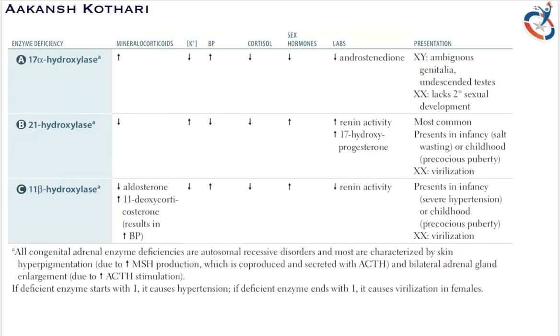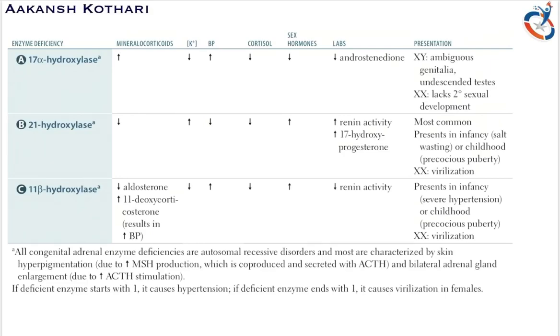Why? Because ACTH and MSH, that is melanocyte stimulating hormone, are co-produced and hence affect each other's action. And there is bilateral adrenal hypertrophy due to increase in ACTH stimulation.